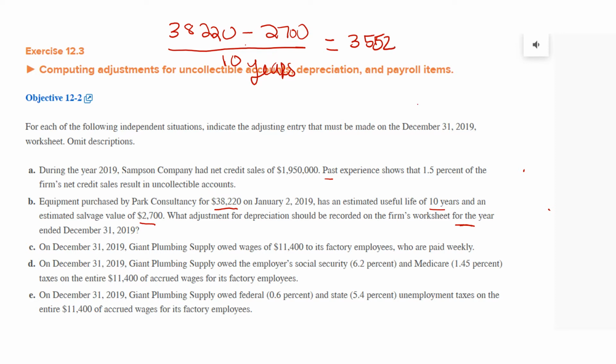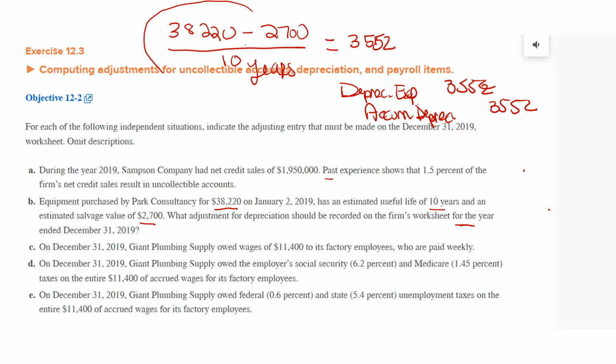And this will be the same as your other adjusting entries. You're just going to debit depreciation expense and credit your accumulated depreciation for $35.52. That's just like Chapter 5. So again, very similar. This is basically review stuff. This is that straight line depreciation. That would be letter B.